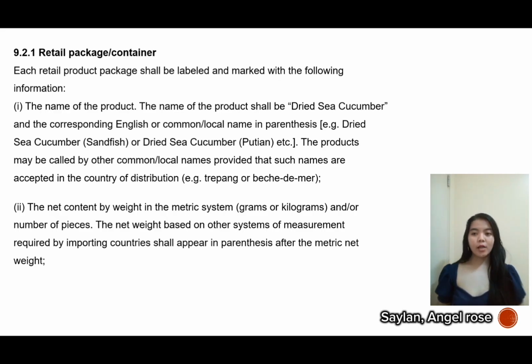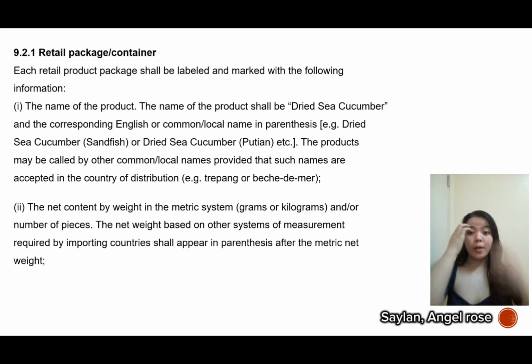Dried sea cucumber is made from sea cucumbers that have been harvested, cleaned, boiled, and dried to preserve them. In appearance, they typically look shriveled and hard, ranging in color from light brown to black.